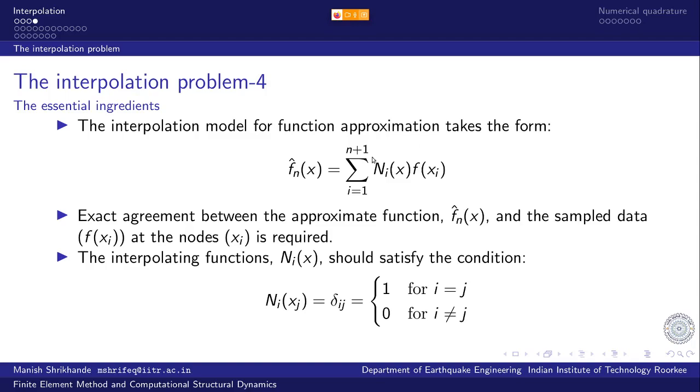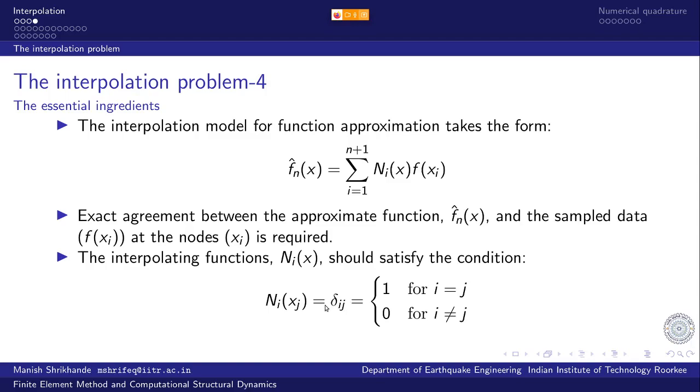And that is what we have as interpolation condition. These functions ni of x are known as the interpolating functions. And these interpolating functions should satisfy the condition that the interpolating function associated with the ith node, when evaluated at the jth node, some other node, should evaluate to delta ij. This delta ij is known as Kronecker delta, just a shorthand symbolic representation.